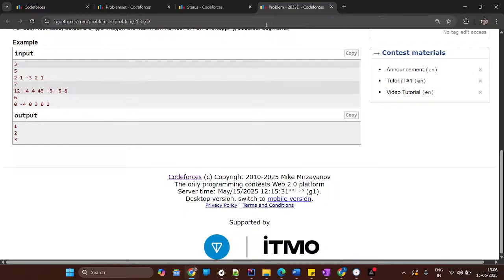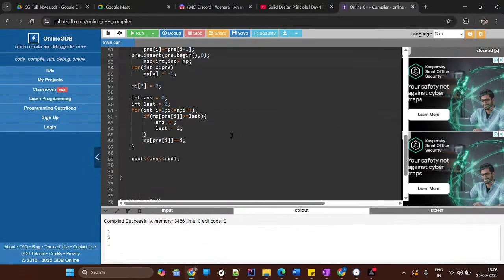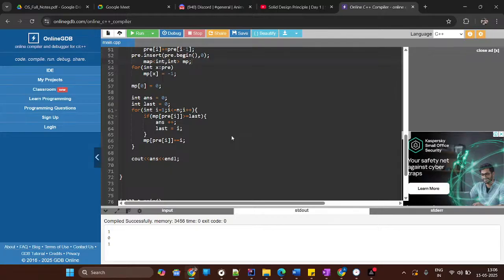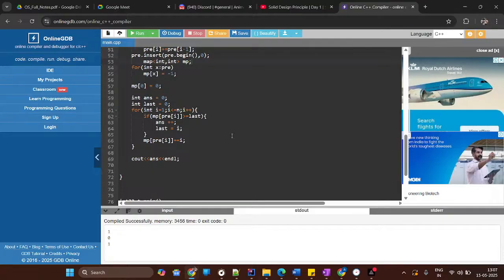It can just use itself to become a 0. So what I did is I added 0 here, and then I started from 1. I know the last was 0. Answer is 0. I started from 1.